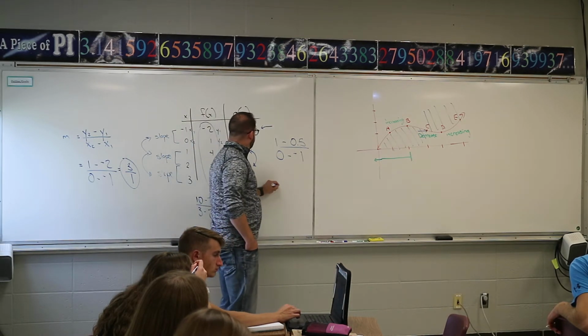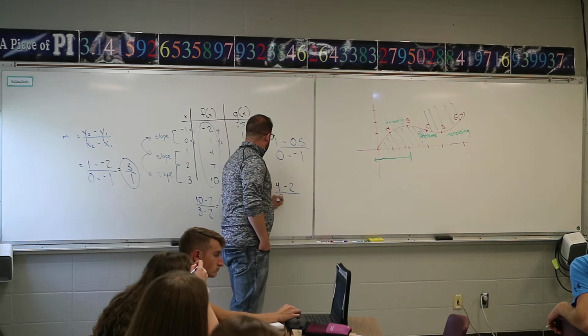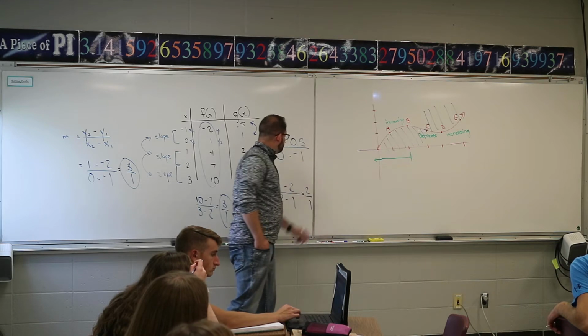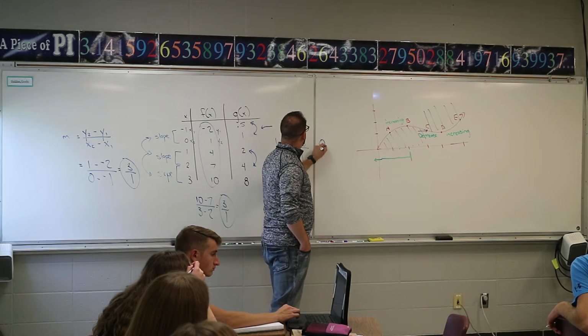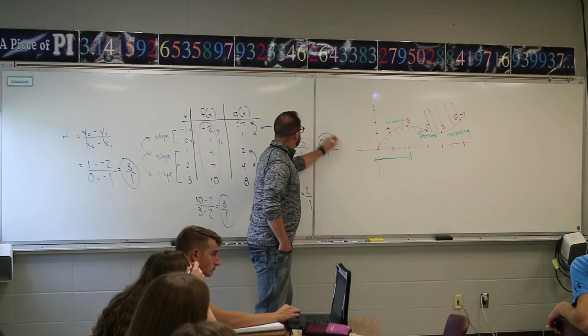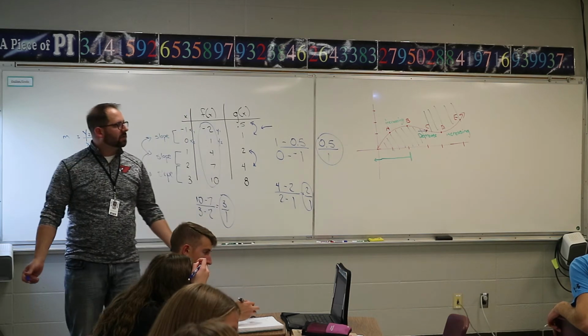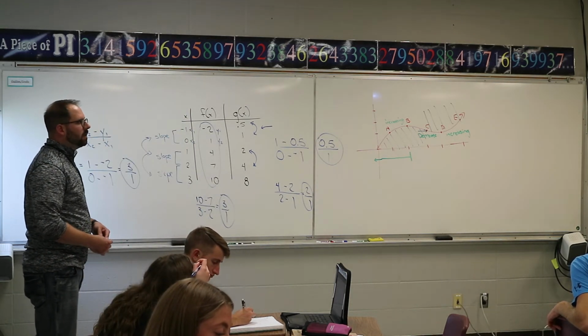And this one down here, this is 4 minus 2, and that is 2 minus 1. So this ends up being a 1, this ends up being a 2, so there's that slope. This slope up here, this turns out to be 0.5 over 1. So do you see that the slopes are different? It's not a line, it's a curve. I can automatically tell it's a curve. The slope has changed.